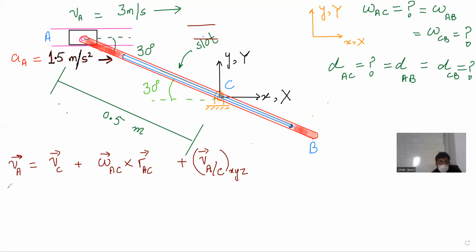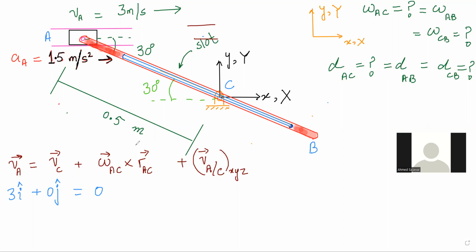So VA is equal to 3I plus 0J. What is the velocity of VC? It is equal to 0 because point C is not going anywhere.